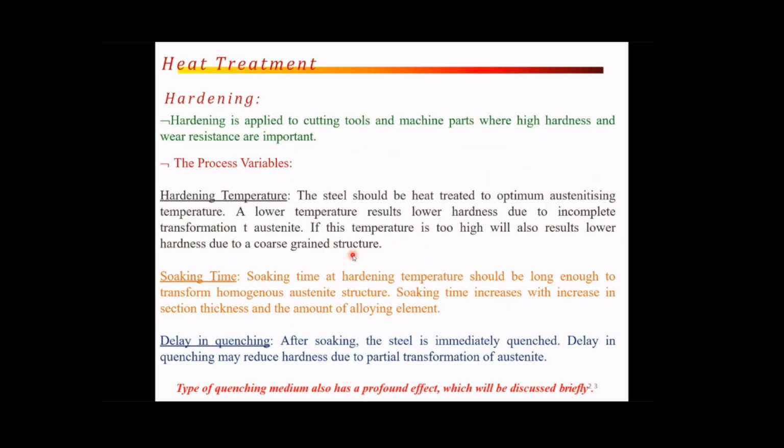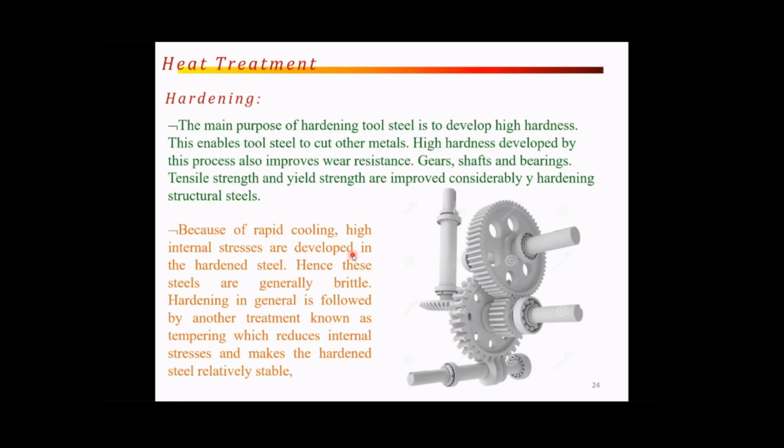The steel should be heat treated to the optimum austenitizing temperature. A low temperature results in lower hardness due to incomplete transformation to austenite. During the hardening process, after soaking, the steel is immediately quenched. Delay in quenching may reduce hardness due to partial transformation of austenite. Mostly hardening is applied in machine tools and also gears.